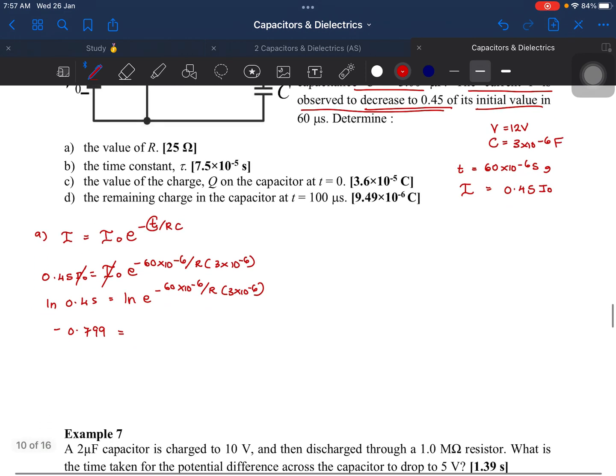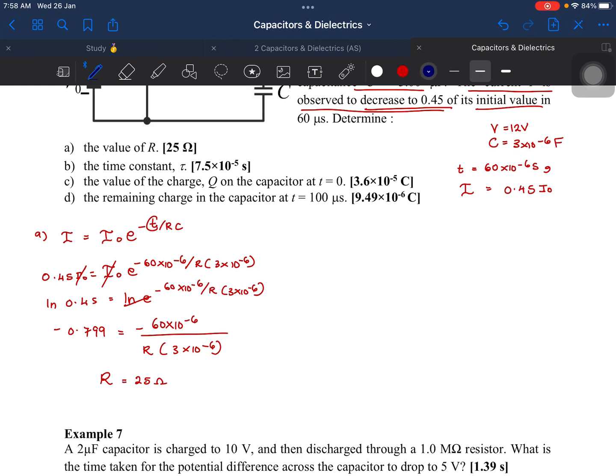And then this one tinggallah negatif 60 darab 10 kuasa negatif 6 over R 3 darab 10 kuasa negatif 6. Okay, so ni dah buang lah. Okay. And then kamu tekan calculator, then you will get your resistor to be 25 ohm. Okay, so you have to identify formula apa yang digunakan dalam proses ni. Lepas tu kita tengok mana yang kita boleh guna. Okay.